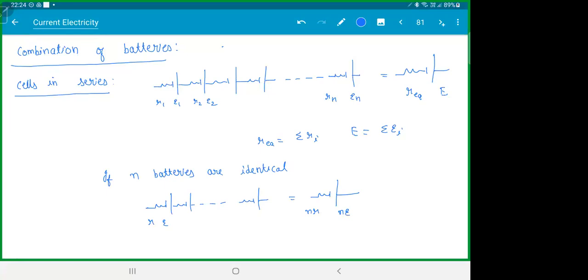You can just add up the batteries like a single battery. Cells in series. Clear?